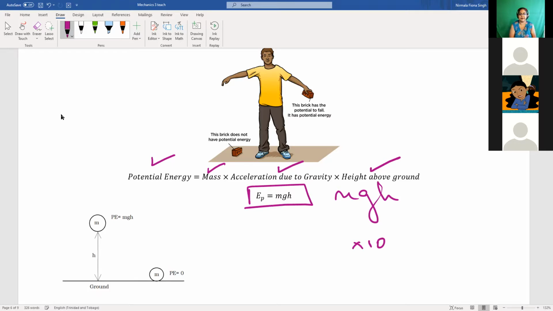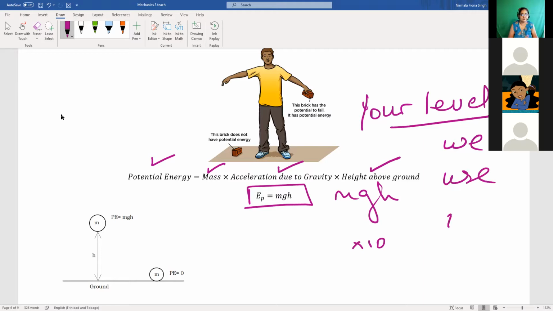Yes, I saw g was 9.8 the other day when I was watching some notes. That was for a specific topic. At your level of CSEC, because we don't want you to be that precise, we say let's use a 10 approximation.